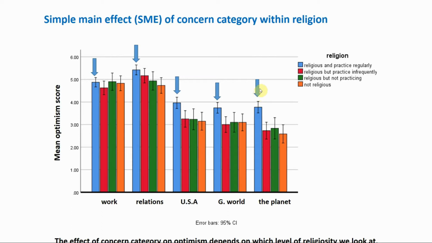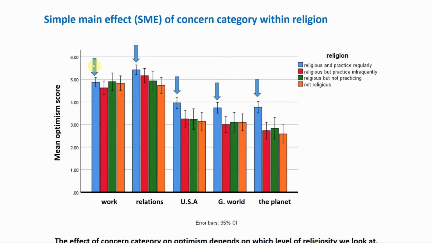All right. So the blue refers to religious and practicing regularly. So you see how we've isolated our comparison? We are comparing the different means of work, relationships, USA, global world, and the planet, but only for religious and practicing regularly. Now we have to figure out what test we're going to run in order to compare those means.